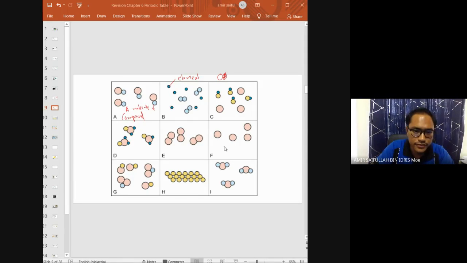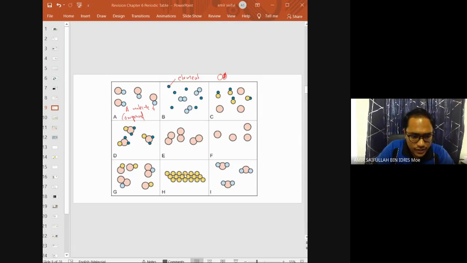F. G is a mixture. So it is a mixture of molecules of compounds. You can see got two compounds here, different compounds. This one is different, this one is different. So got two different compounds, but they are in one mixture. They mix together. So a mixture of two molecules of compound.